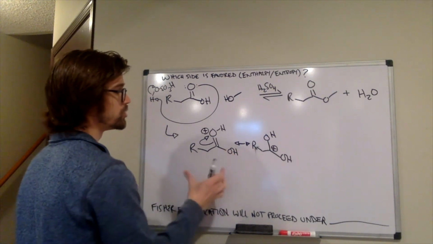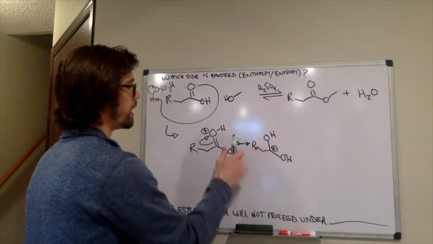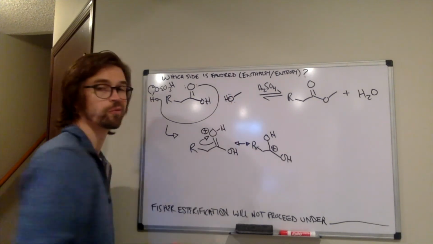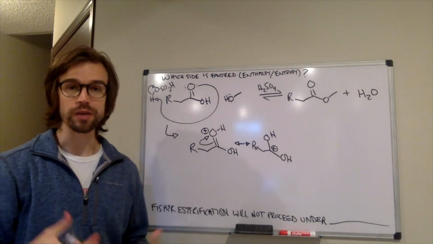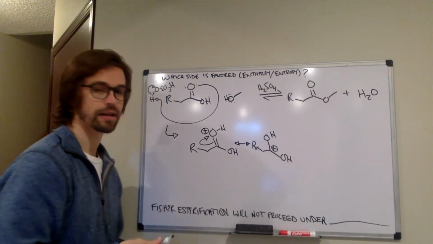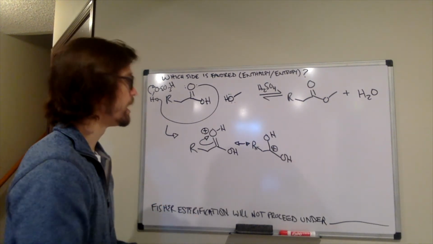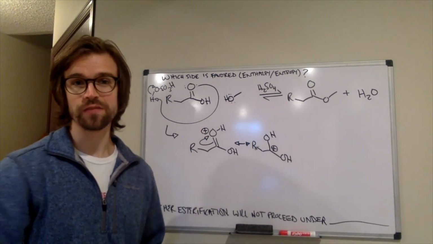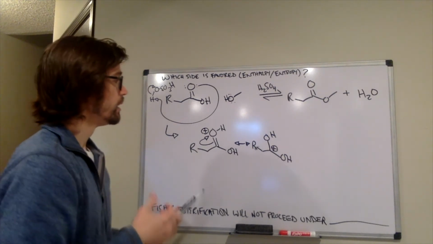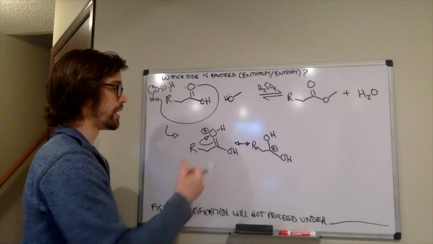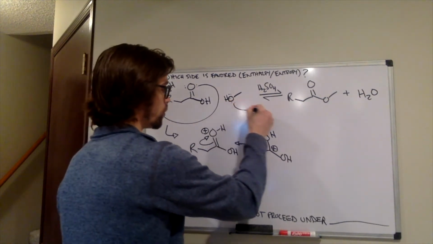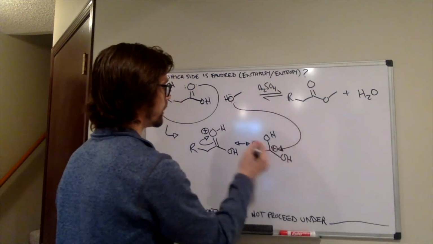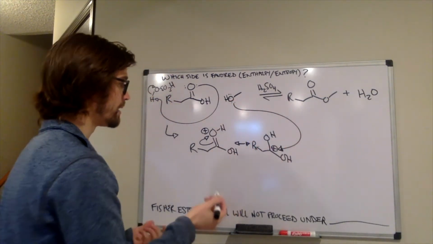So this is now a stronger electrophile, and this rather weak nucleophile, weak base that we have isn't strong enough to add to a weak electrophile. It needs a strong electrophile. So once that occurs, this oxygen can add into that carbon.